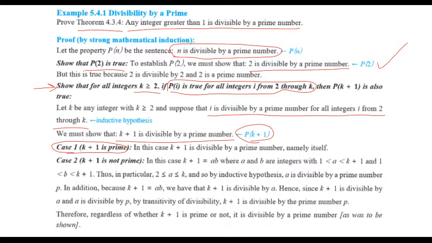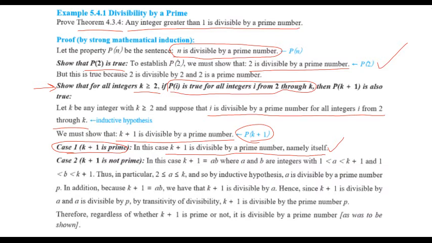The proof of the first case is pretty easy, because if k plus 1 is prime, then obviously it's divisible by itself. So k plus 1 is divisible by a prime number, namely itself. So case 1 of the inductive step is taken care of.